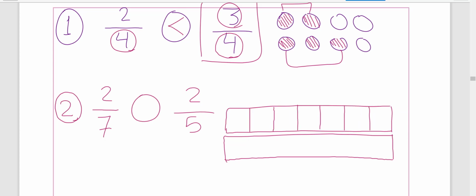And divide the other model into 5 equal parts: 1, 2, 3, 4, 5.